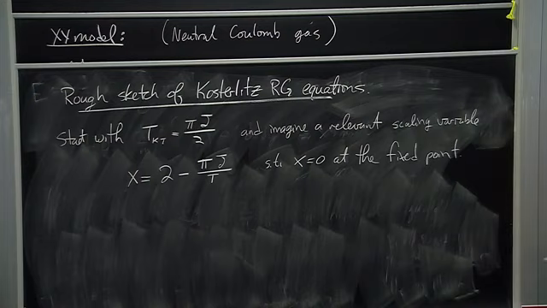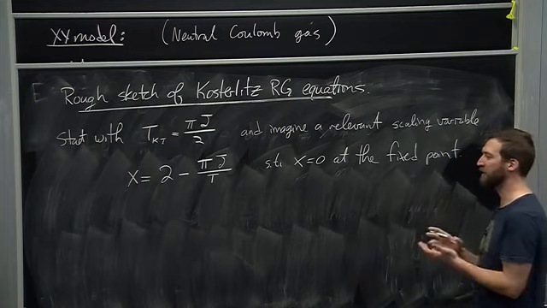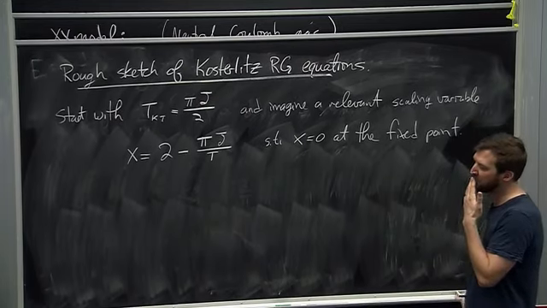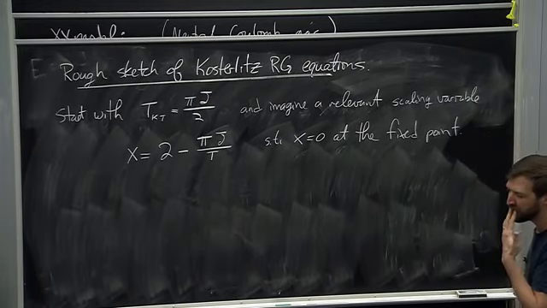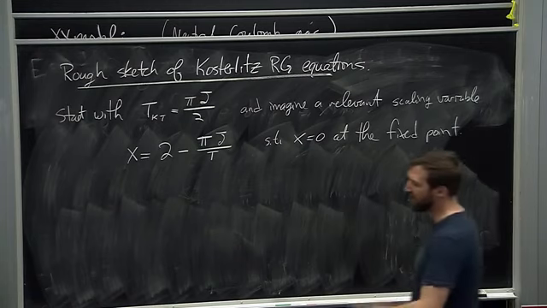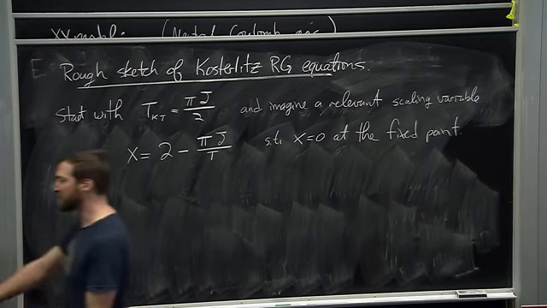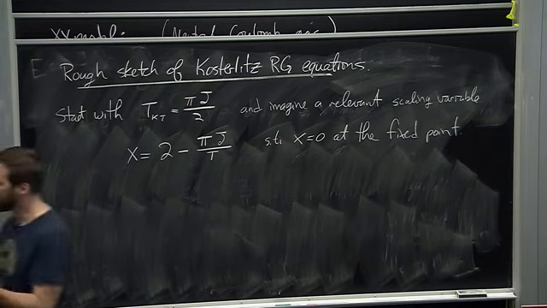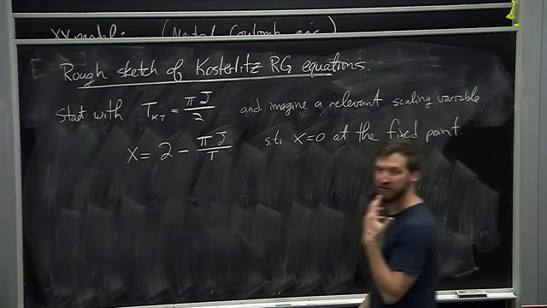Okay, so I have one scaling variable. It's like t minus tc. Basically, it's taking the role of that. And I need another one that somehow tracks the number of vortices. And that number, again, somehow proliferates above the transition. Okay.